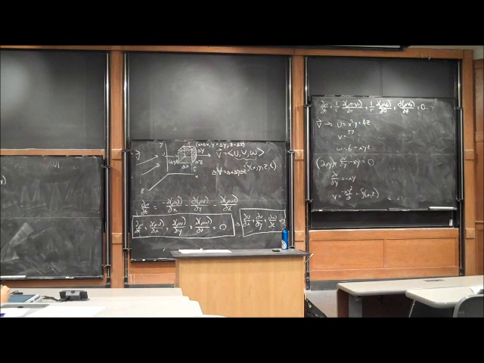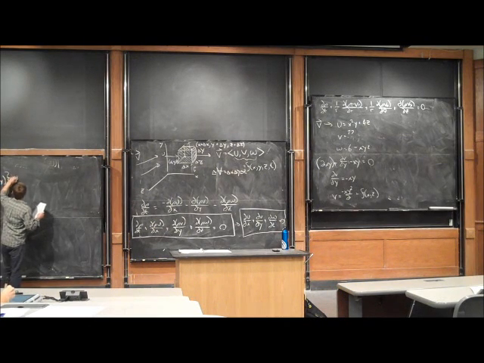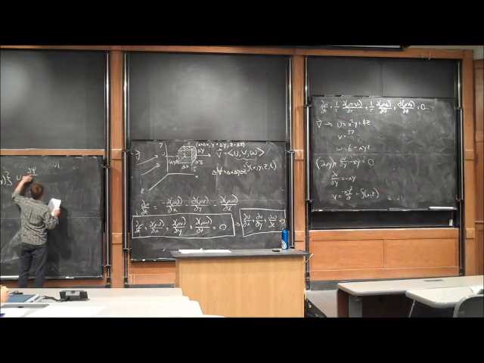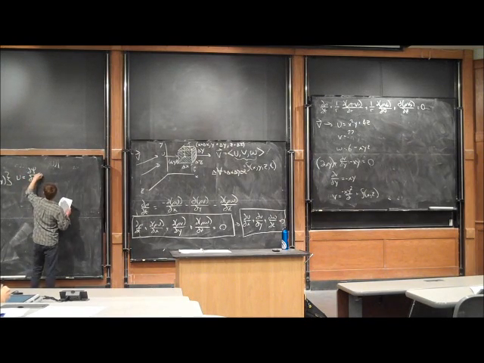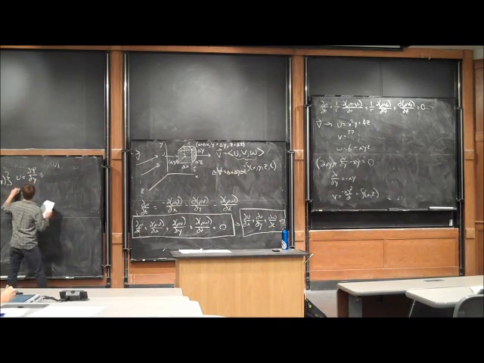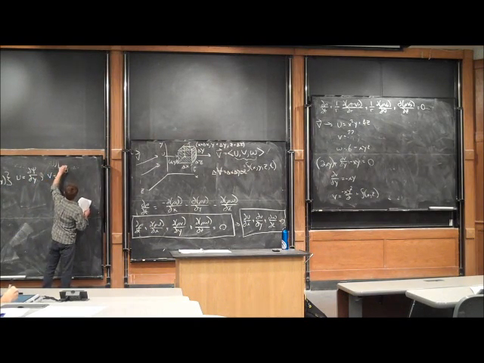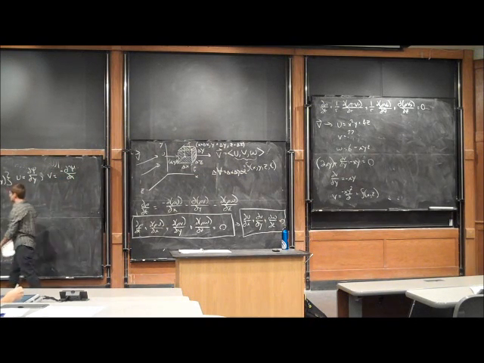I can then define u from this. I can say that u is equal to del psi del y, and v is equal to negative del psi del x. And all this is just a clever mathematical trick.